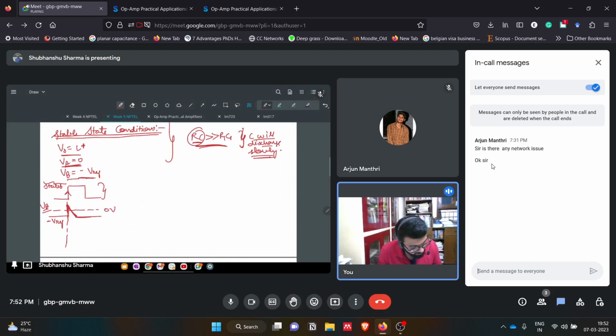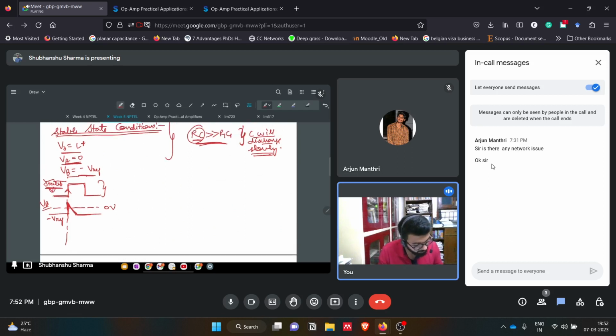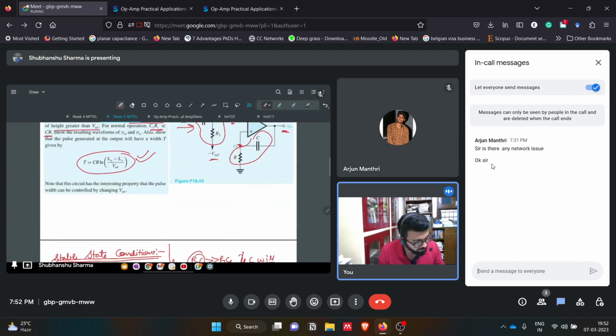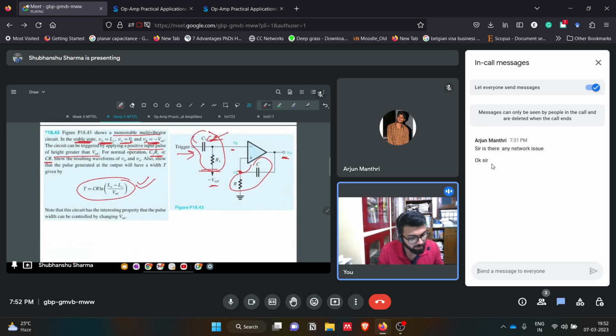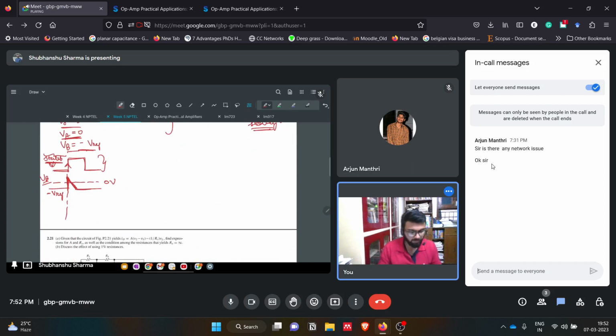Now let's say we gave a pulse. This is the stable region. We gave a pulse to this R1 C1 network. What will happen? It will convert it into a trigger like this, as we saw in the monostable multivibrator case.